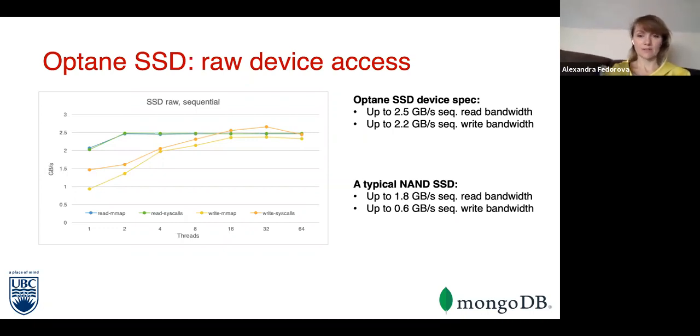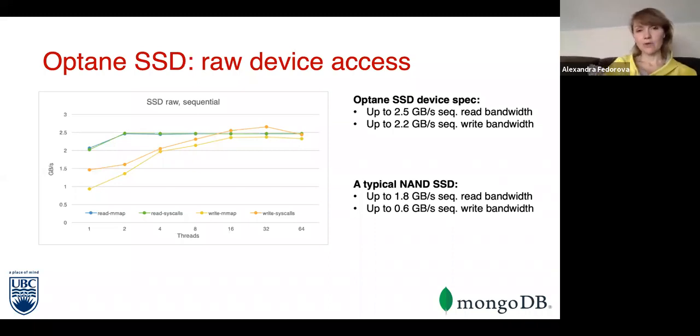By comparison, if you use a typical NAND SSD, the spec tells us that the read bandwidth would be up to 1.8 gigabytes per second sequential bandwidth, and up to 0.6 gigabytes per second of sequential write bandwidth.